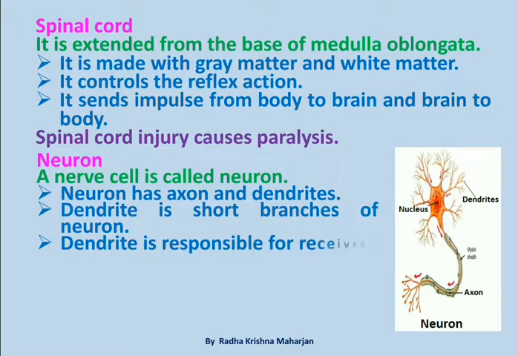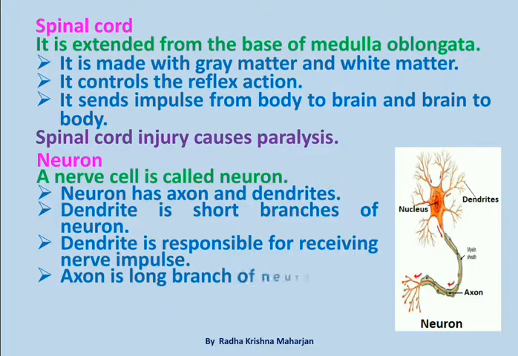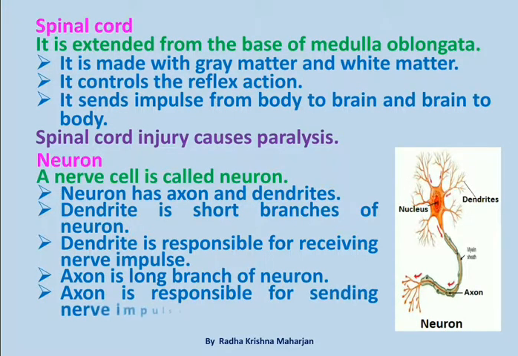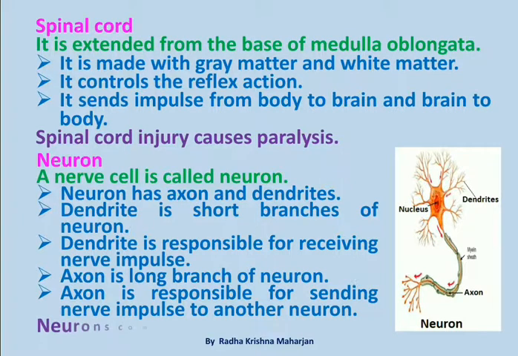Dendrite is responsible for receiving nerve impulse. Axon is long branch of neuron. Axon is responsible for sending nerve impulse to another neuron. Neurons combine to form nerves.